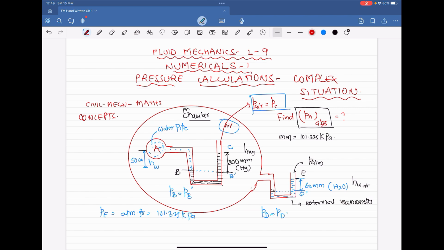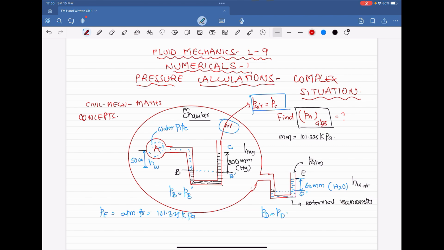One is pressure exerted by the atmosphere on the open manometer, and the other is pressure exerted by air in a closed chamber on the manometer of mercury, and the mercury manometer is connected to the water pipe in which water is flowing under pressure.